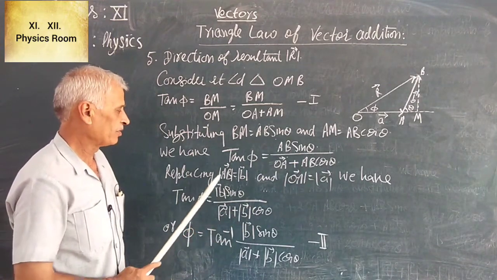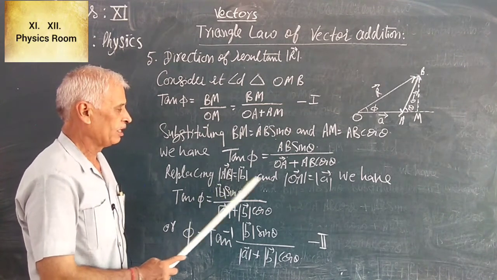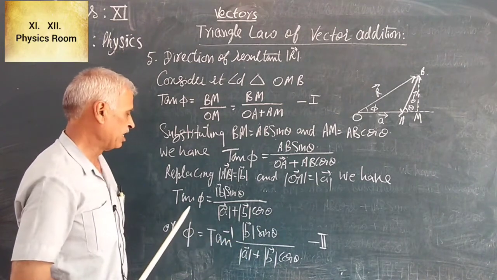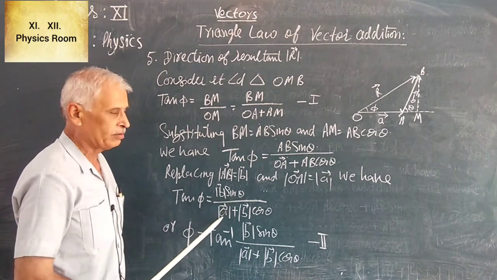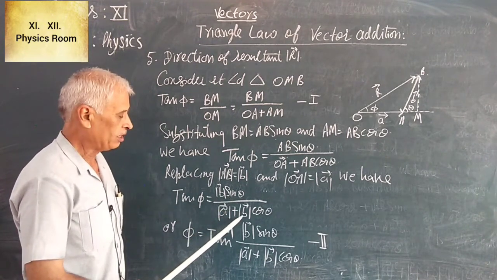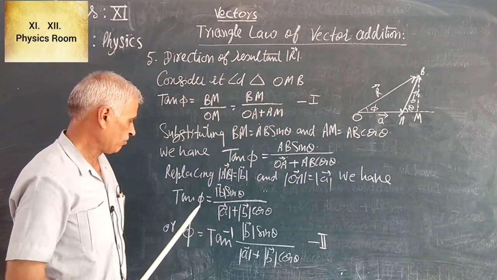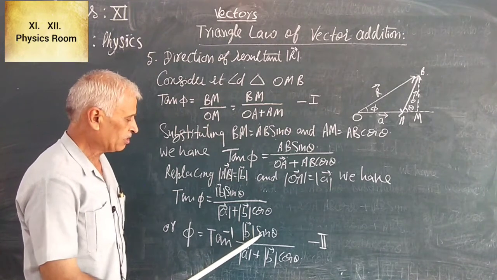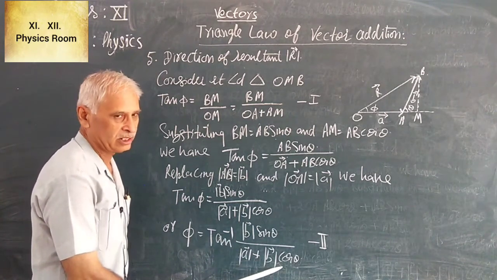Now replacing vector AB by vector B and vector OA by vector A, we have tangent phi is equal to B sin theta divided by A plus B cos theta, or phi is equal to tangent inverse of B sin theta divided by A plus B cos theta.